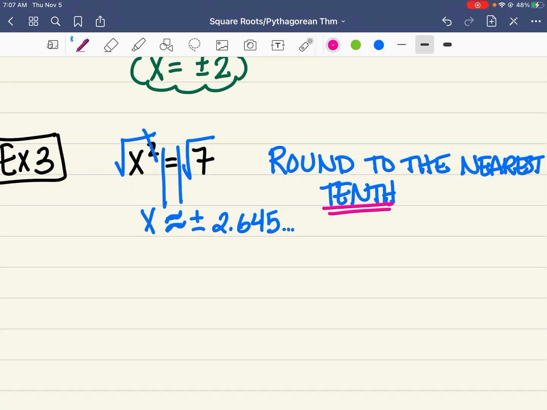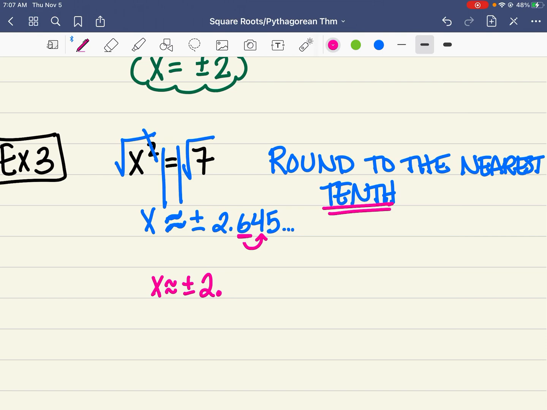What's the 10th place? Well, the 10th place is one after the decimal point. So I'm going to look at the 6, and you look at the number next to it, and that tells you whether or not the 6 stays the same or does it go up 1. So this will either be 2.6 or it's 2.7.